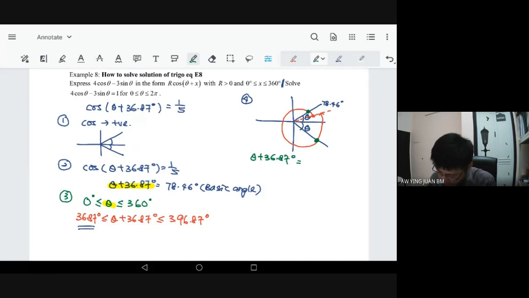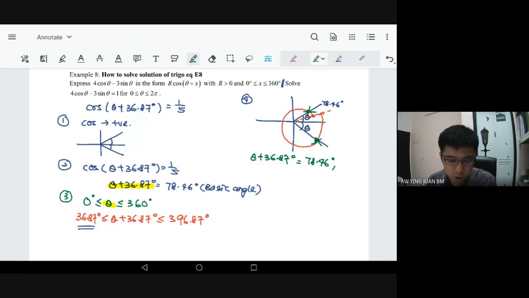Okay, theta plus 36.87. So, the first point is 78.46. Saya berjumpa di sini. Second one adalah di sini. So, saya perlu tekan calculator lah ya. Iaitu 360 minus 78.46.